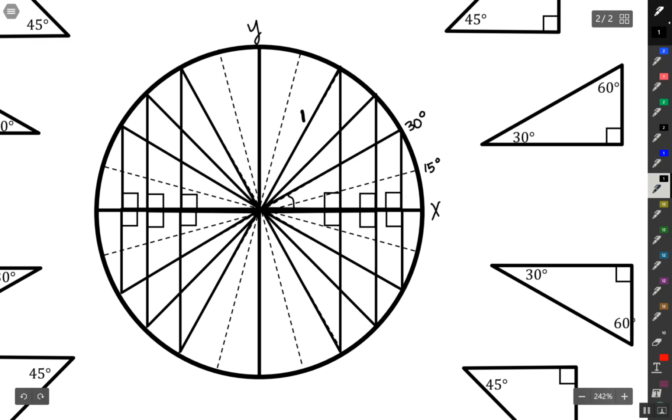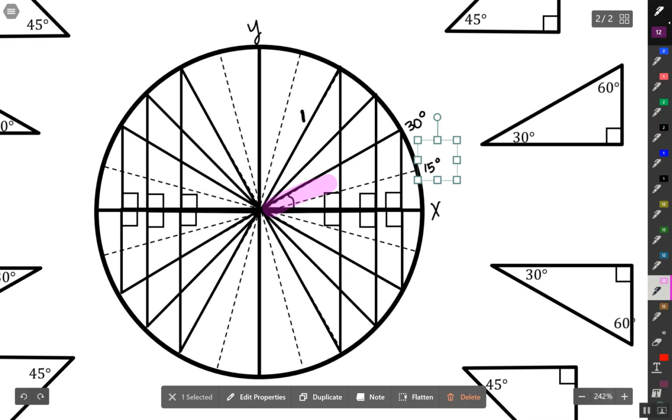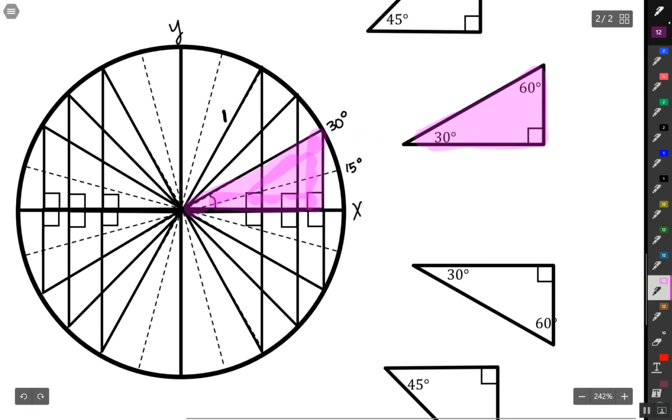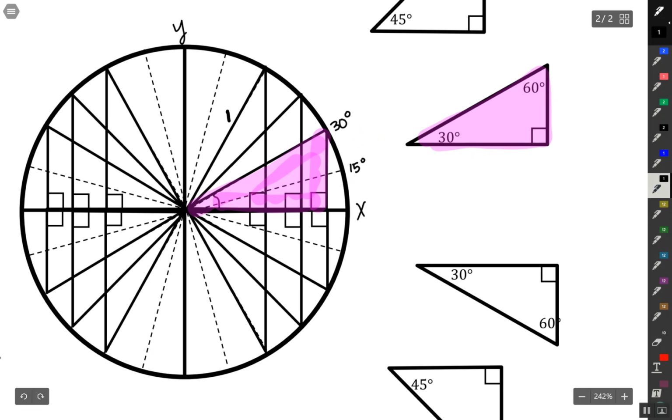If this angle right here is 30 degrees, you get a 30, 60, 90 triangle right here. So I'm going to color this in so you can see it. So this triangle right here is this triangle. We're just separating it out so we can look at it. Okay, so our radius is 1.